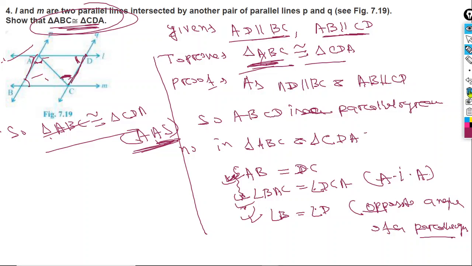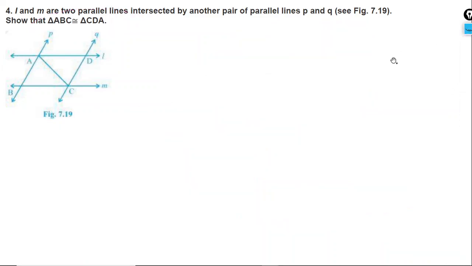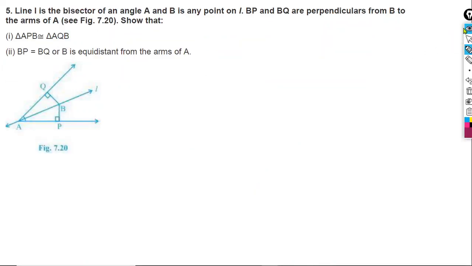Now I will move to another question, question number 5. Line L is the bisector of an angle A. You can see this line is the bisector of angle A, which means these two angles must be equal.